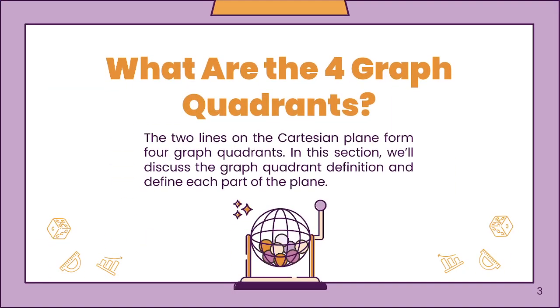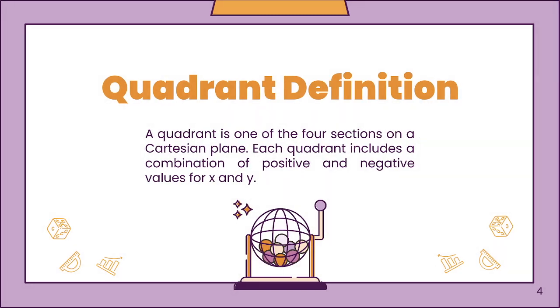So proceeding. What are the four graph quadrants? The two lines on the Cartesian plane form four graph quadrants. In this section, we'll discuss the graph quadrants definition and define each part of the plane. What is the definition of a quadrant?